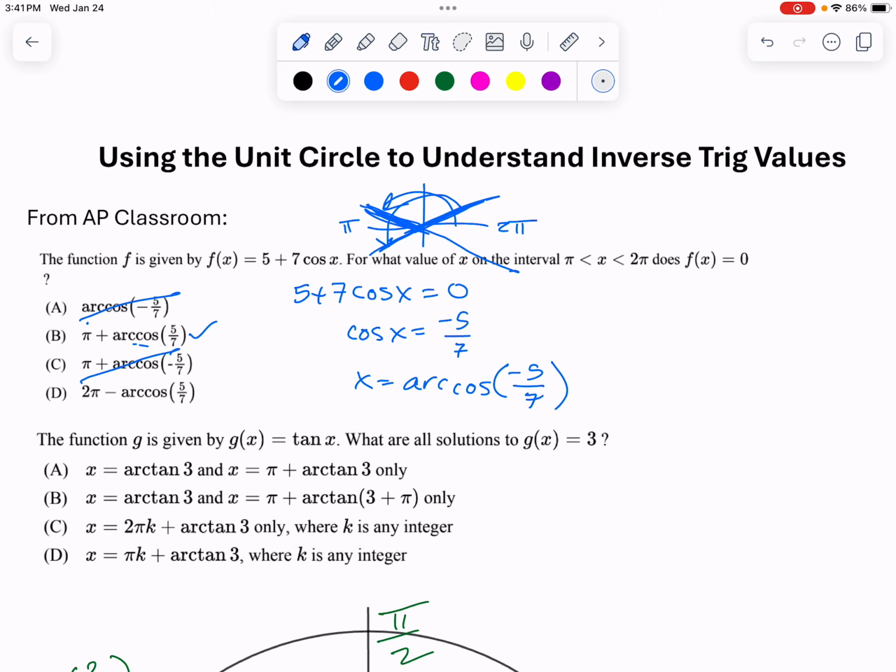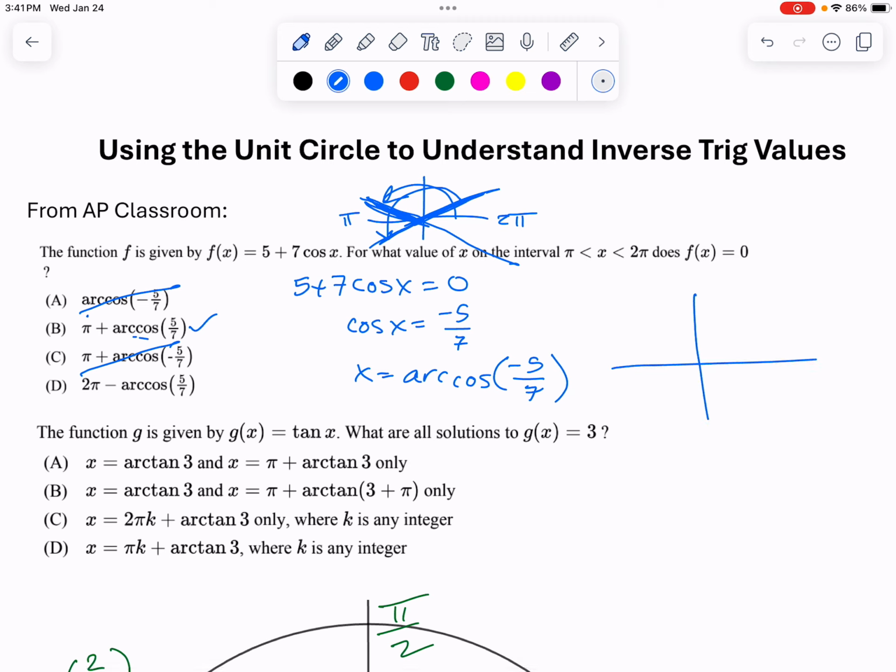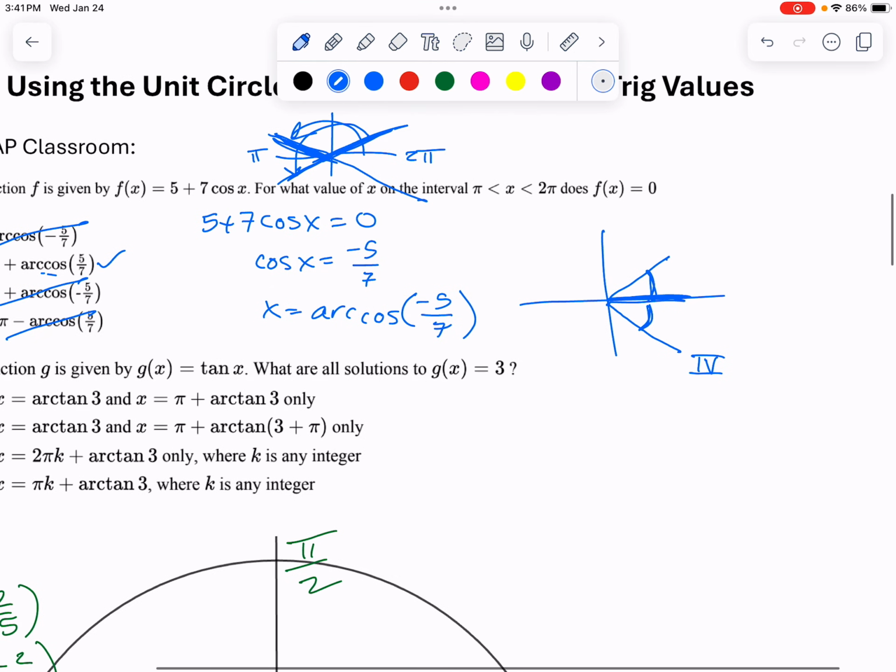Then we say 2 pi, which puts me here, minus arc cosine of 5/7. Arc cosine of 5/7 would be this little angle. And so when I subtract that amount, I end up here in quadrant 4, which is not the answer I want in quadrant 3.